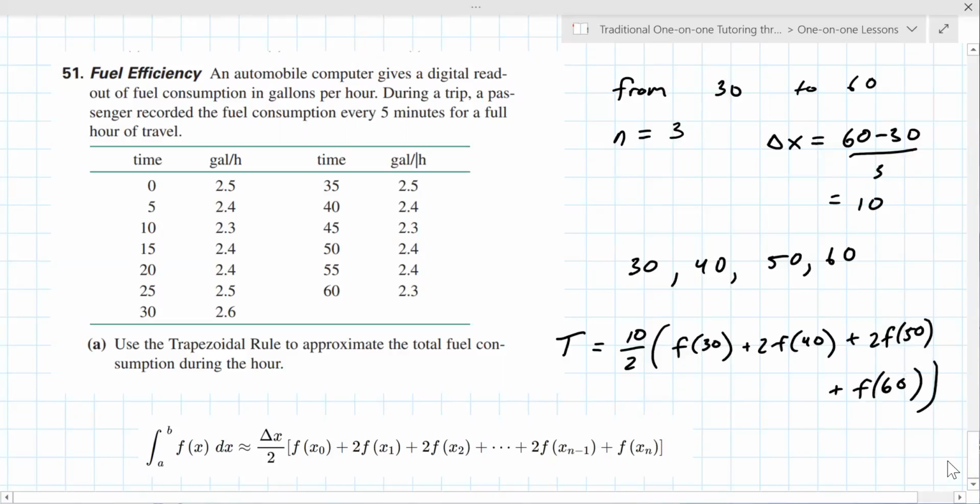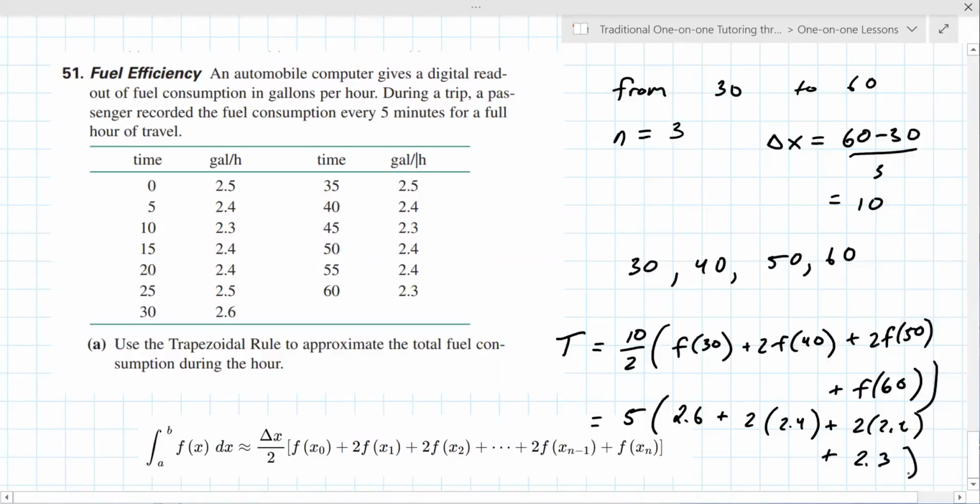So you just use the 2 endpoints one time. So it's 5 times 2.6 plus 2 times 2.4 plus 2 times 2.4 plus 2.3.